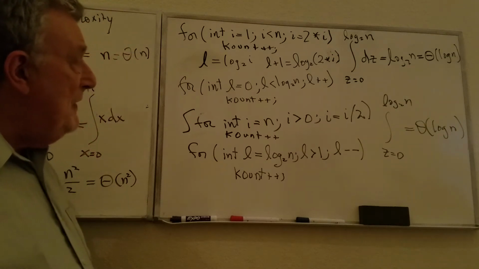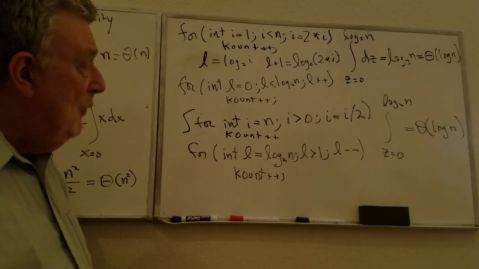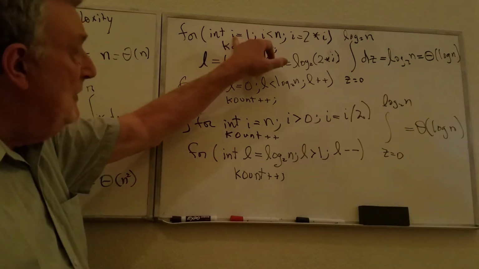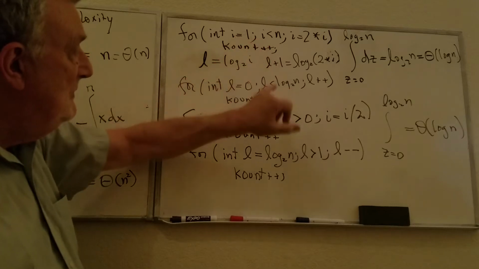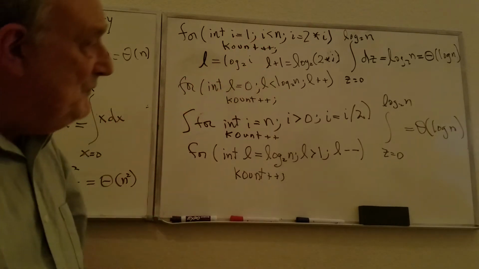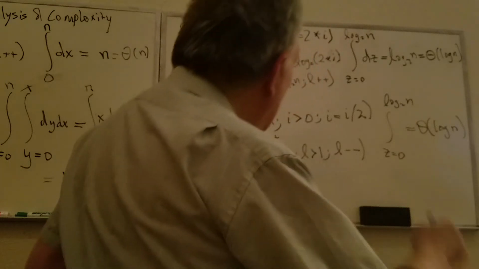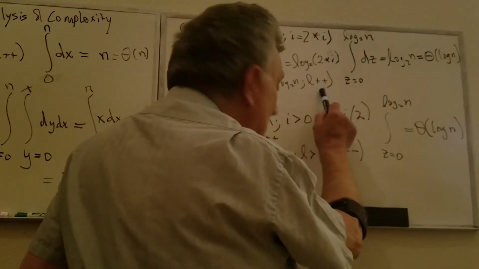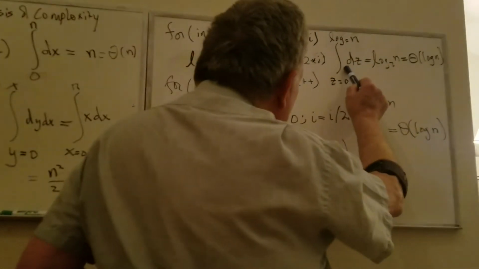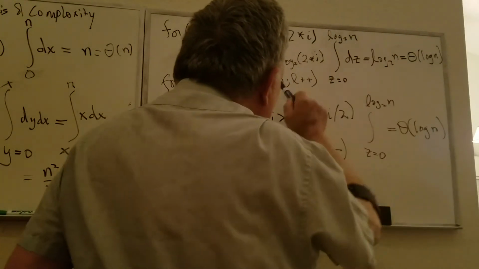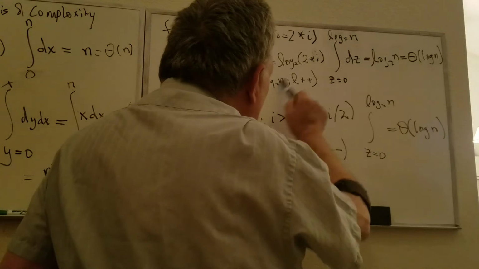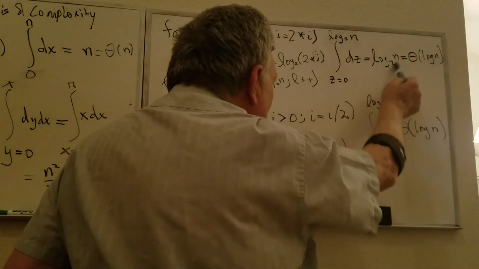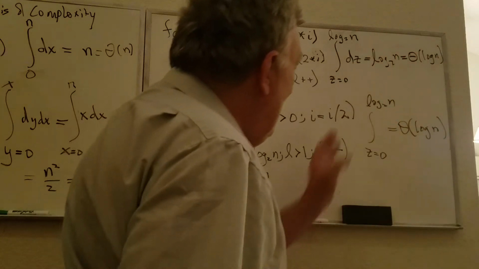The continuous variable z will correspond to L. And so we have the integral dz, because L increments 1 at a time, all the way to the last value, which is taken approximately as the base 2 log of n. And this integral is simply the base 2 logarithm of n, which is theta of log n.